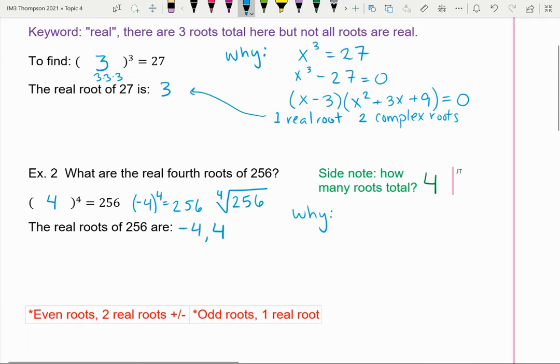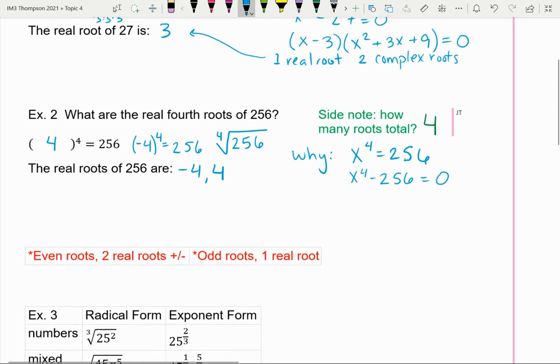But here's my why. So if I have x to the power of 4 is equal to 256, I'm looking for what to the power of 4 is 256. I solve that for 0 just like I did above. So I subtract the 256. And then I factor.